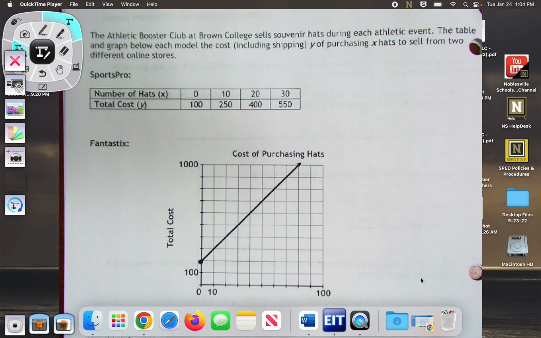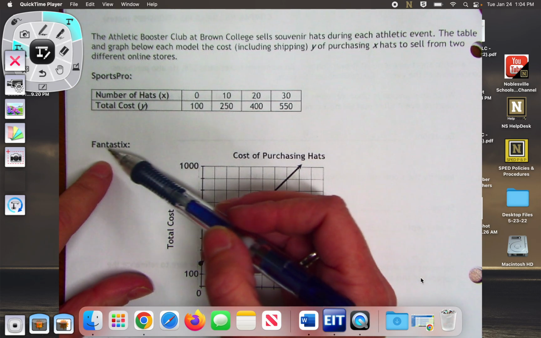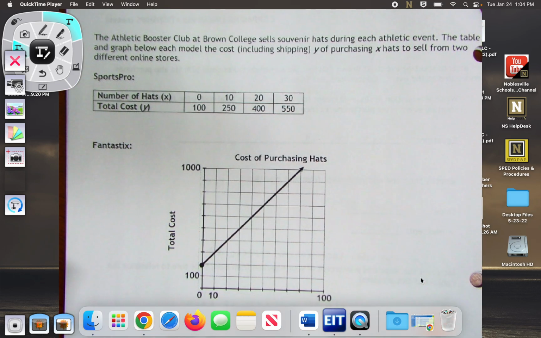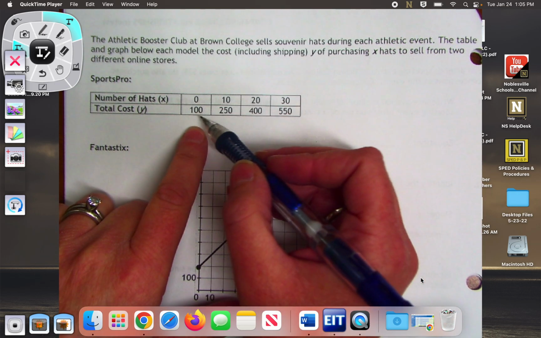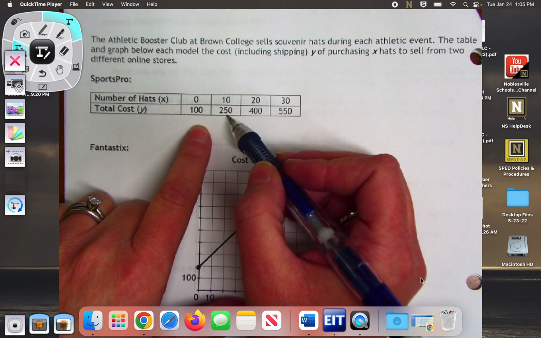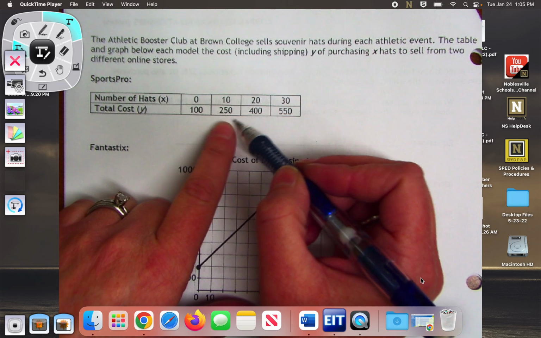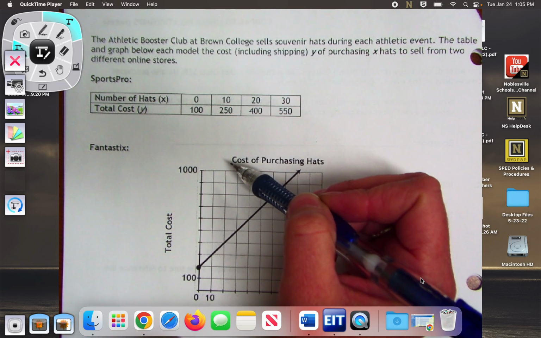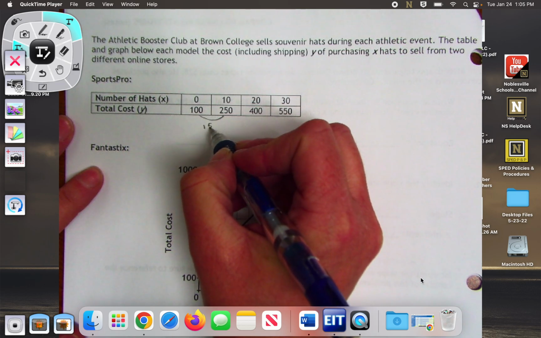Okay, so we have to figure out which place, Sports Pro or Fantastics, sells them cheaper. So let's create an equation here. So let's figure out how much they are paying per hat. How much does the school pay for this company to make the hats? So let's see here. From here to here, it goes up 150.